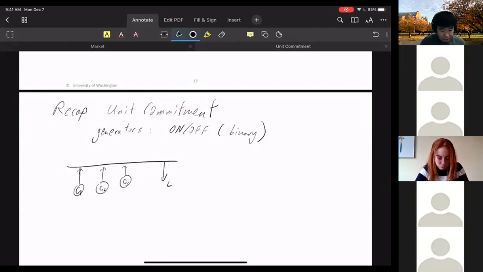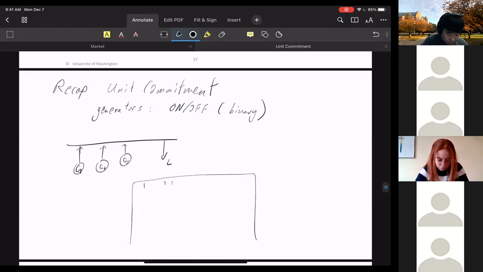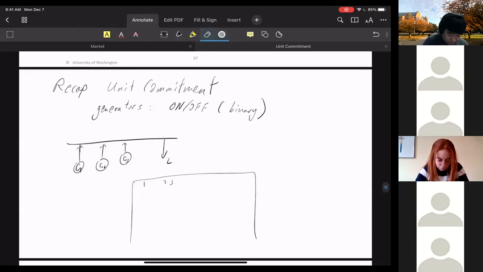So figure out this least cost solution. And this generally ends up to be you need to make a table. For example, this is 1, 2, 3. You have on-off status, things like this, and we need the generation, the cost.